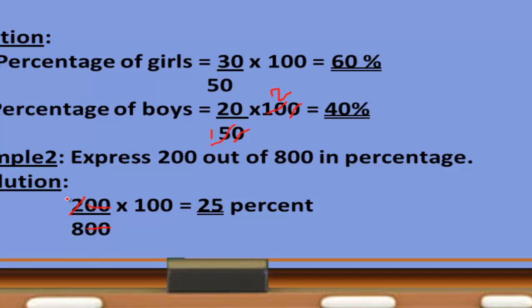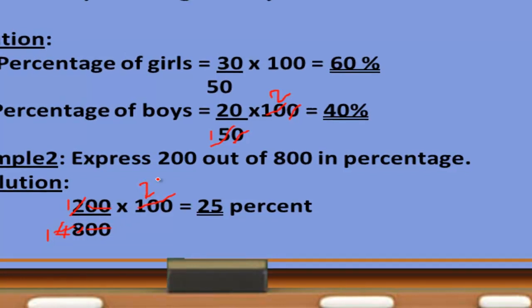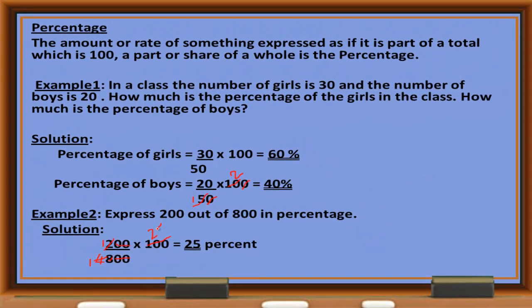By 2 is 1. By 2 is 4. By 4 is 1. By 4 is 25. 25 times 1 is 25%.